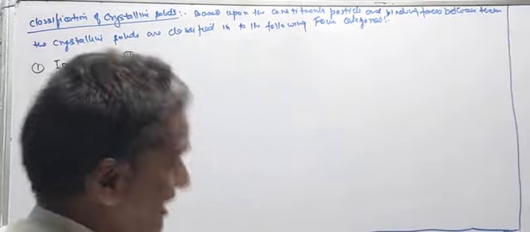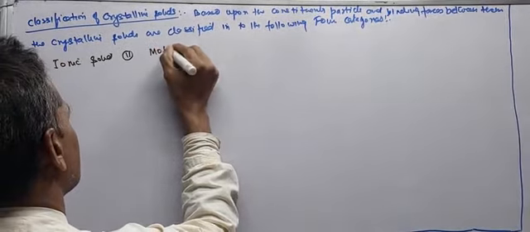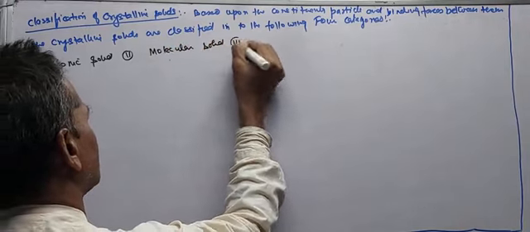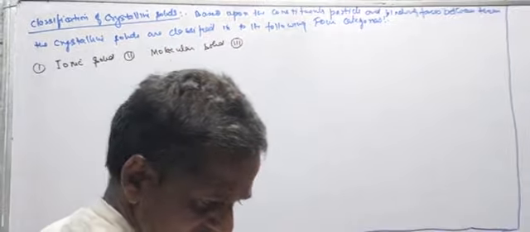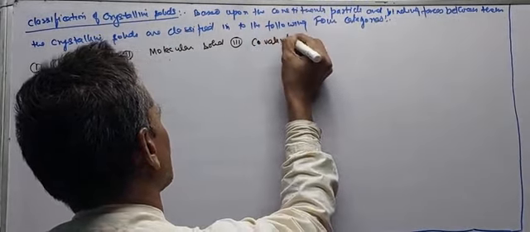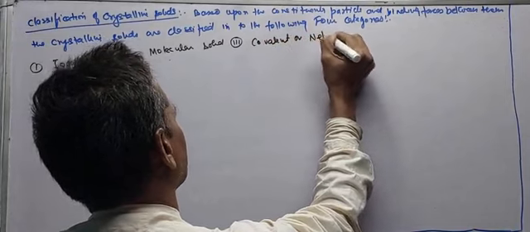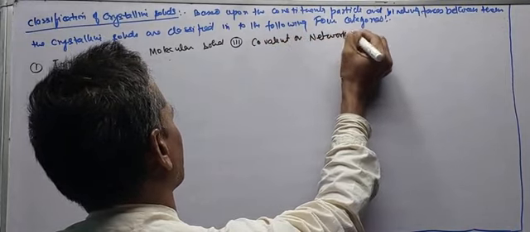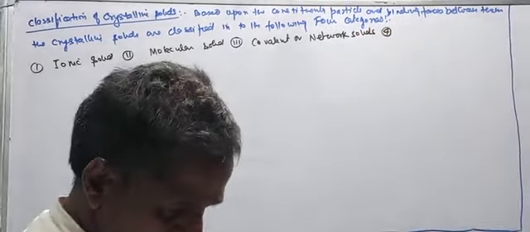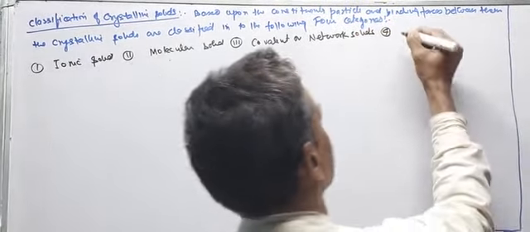Number second, molecular solids. Number third, covalent or network solids. Number fourth, metallic solids.